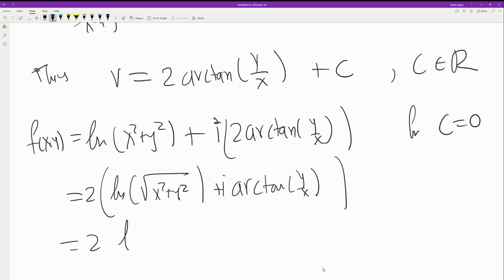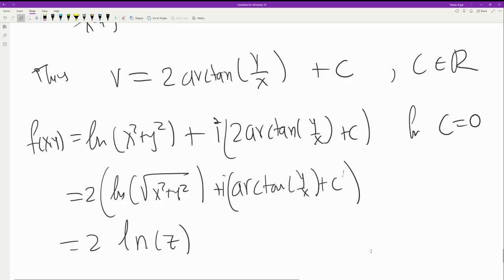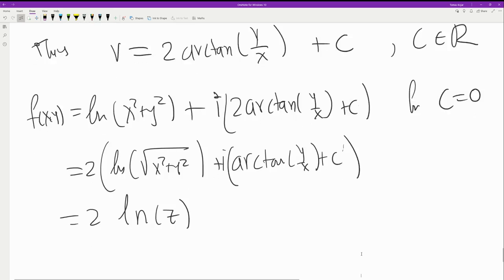So that's why we also had the constant. In fact, let me keep the constant because that's the definition for complex log. Okay. All right. So that's it with examples for Cauchy Riemann.